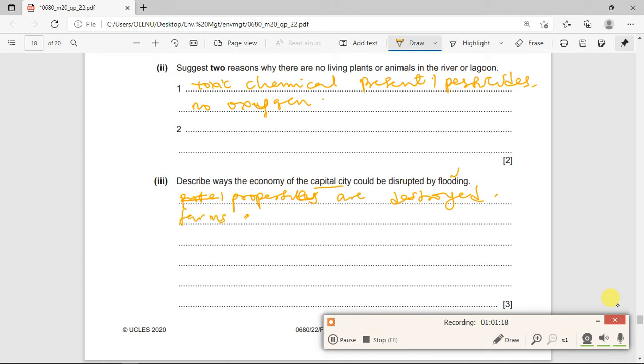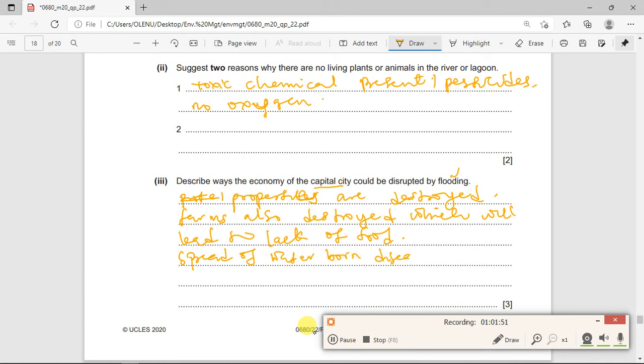You find out that farms also are destroyed. So now that will lead to lack of food. It can lead to spread of waterborne diseases, cholera, mosquito.